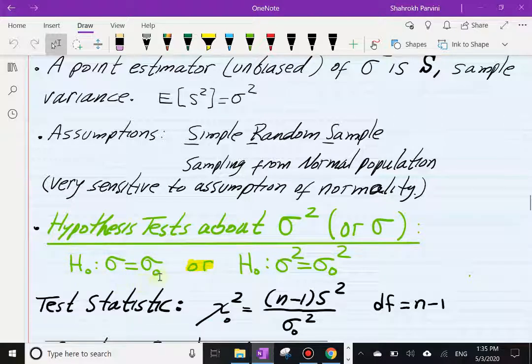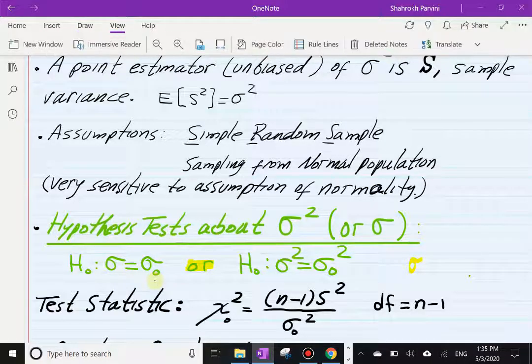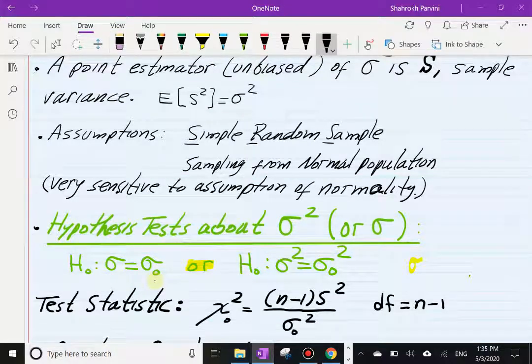Now, we want to test the hypothesis about the standard deviation. This is what we wanted to do, but we're going to go through sigma squared. Remember, sigma, you square it, becomes sigma squared. The sigma with a null symbol, sigma naught, they call it. Let me write it here for you. Sorry, my pen is not cooperating with me nowadays.